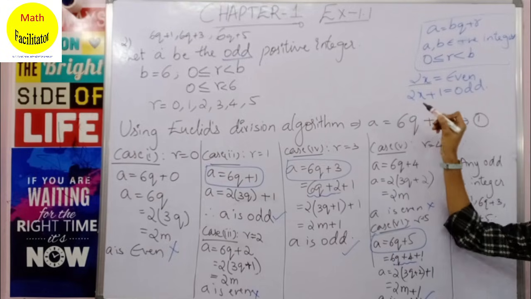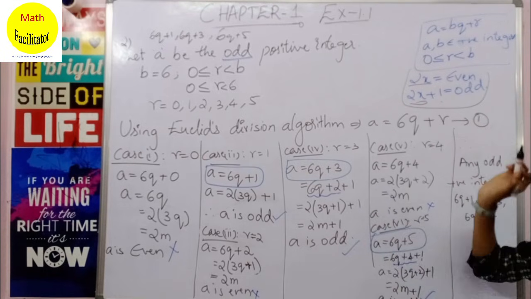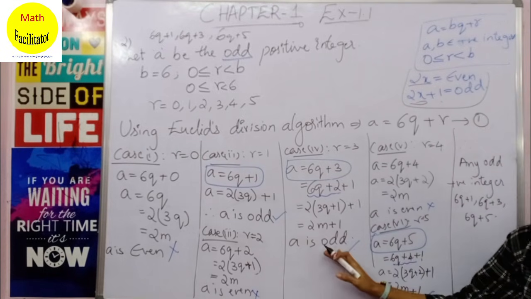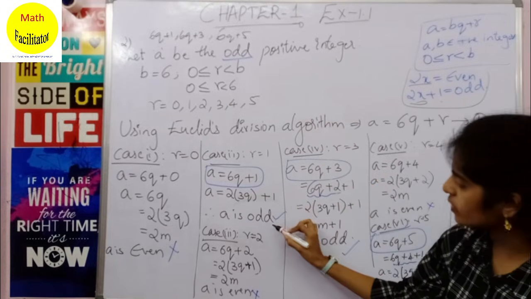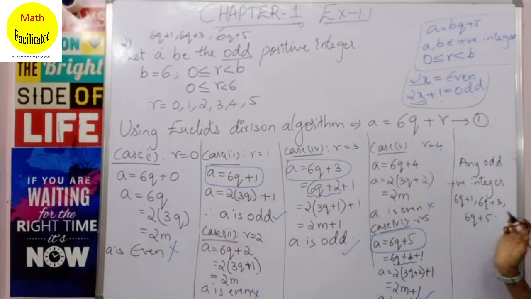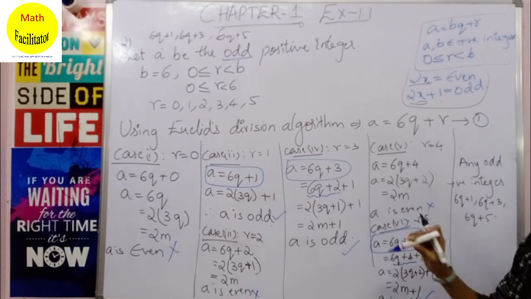If any number is of the form even plus 1, it is odd. So using these two conditions, we try to prove whether a number is even or odd. And since we want only odd positive integers, I am taking only odd numbers. Okay, and an odd number is of this form. Clear? Very simply we are able to prove, and this is really important.